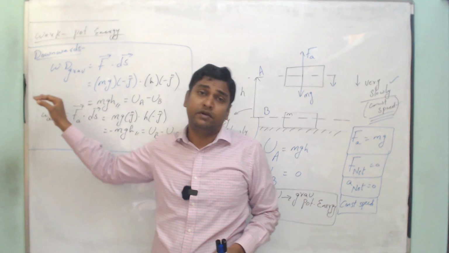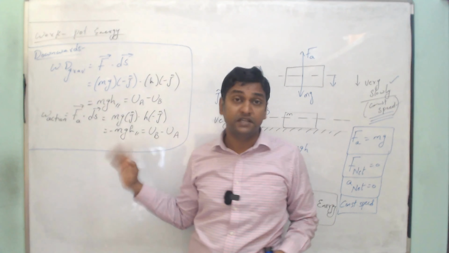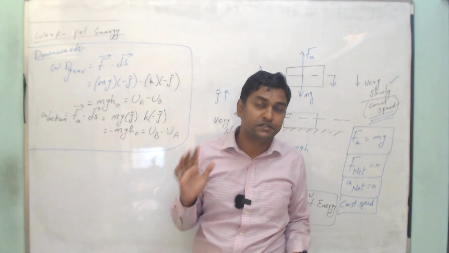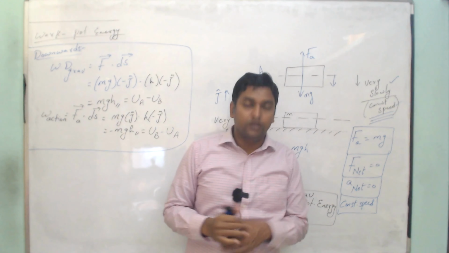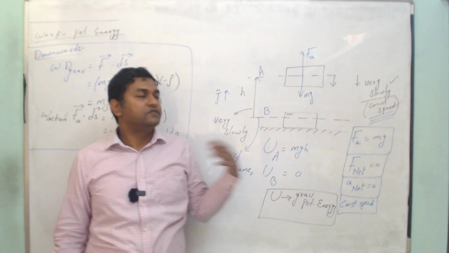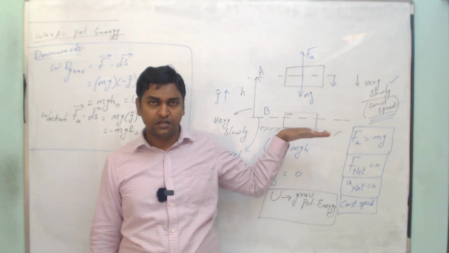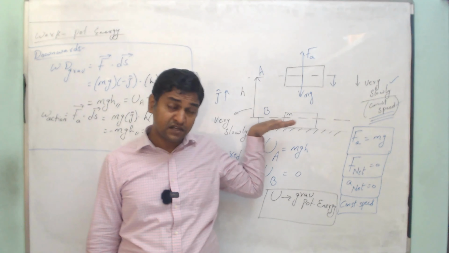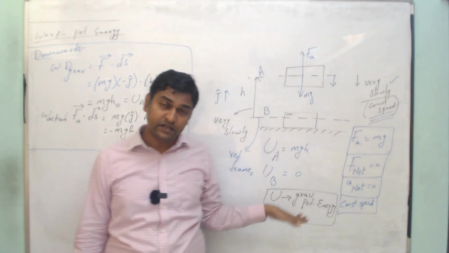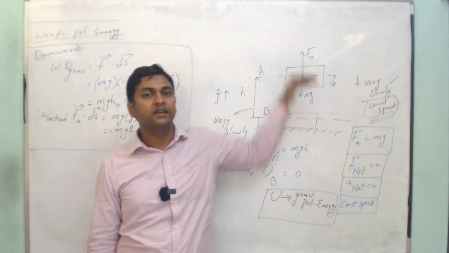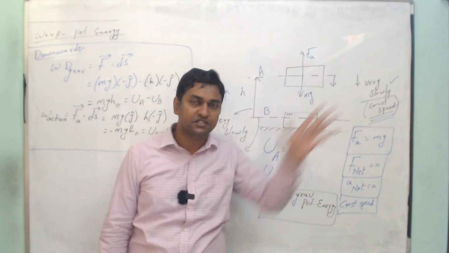And work done by the action force is minus mgh while coming downwards. Now, because we have something like gravitational potential energy, I am defining the reference gravitational potential energy at B as 0. Automatically at A will become plus mgh. Correct?